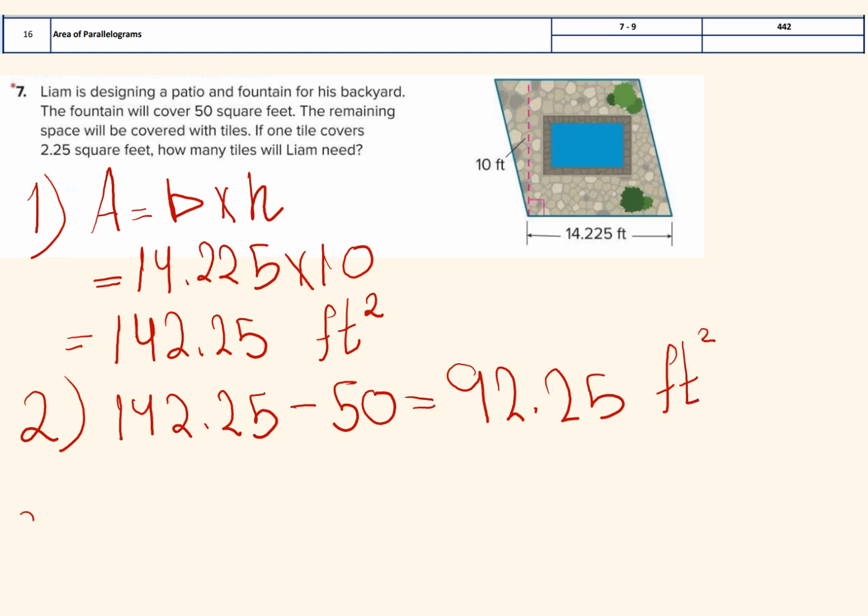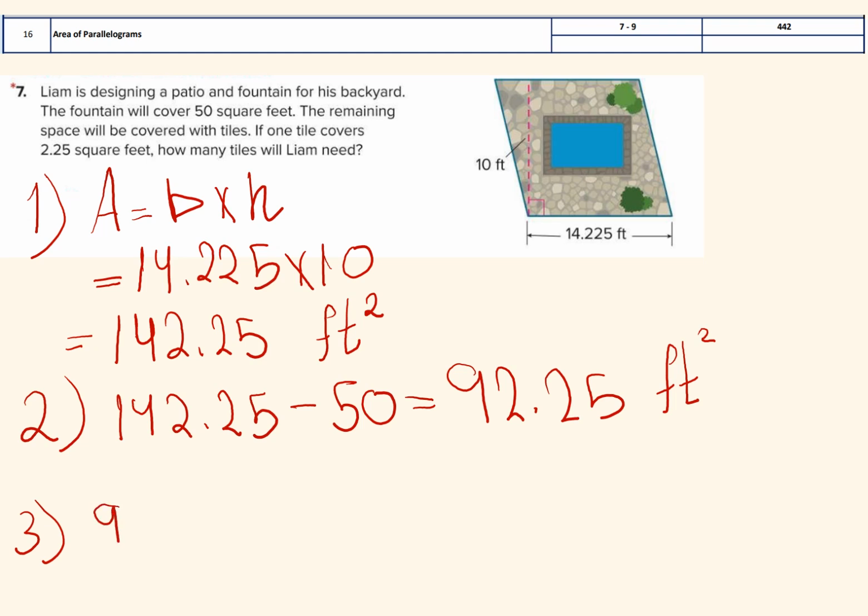The third step here is to find the number of tiles. To find the number of tiles, I need to divide the area that I need to cover with tiles by the area that one tile covers, which is also given in the question, which is 2.25.